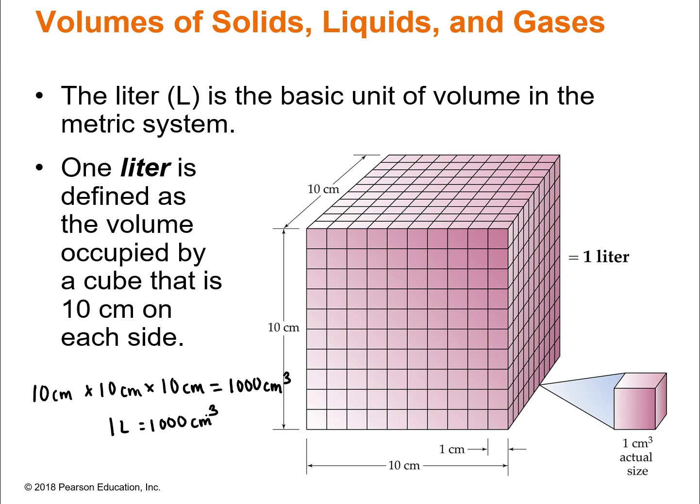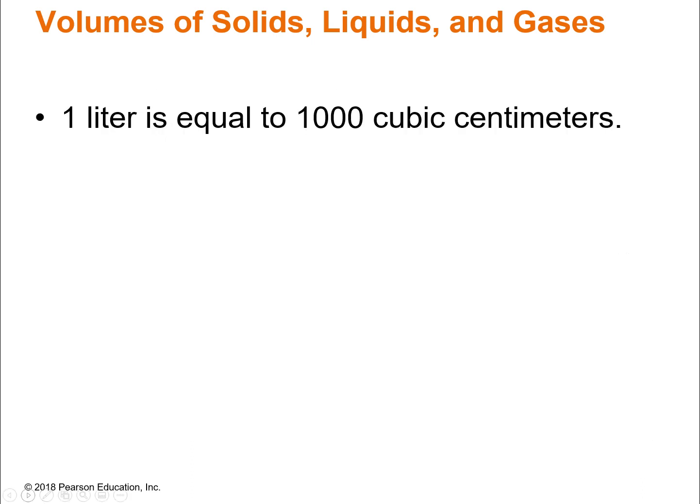That is what 1 liter equals. So we know that 1 liter is equal to 1,000 cubic centimeters, which is what that statement says.